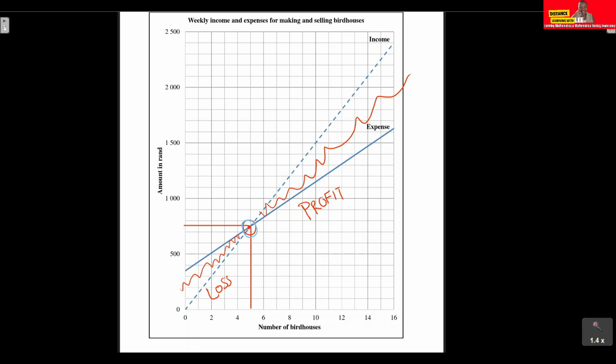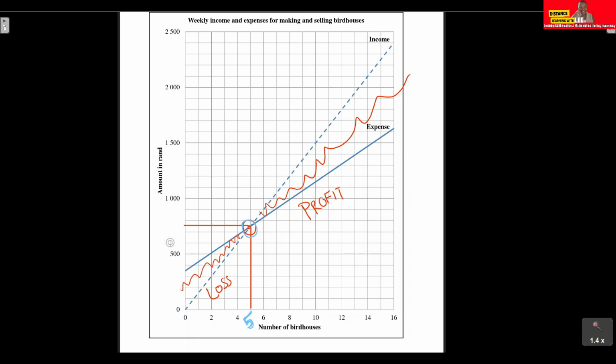At the break even point, we see that it occurs when Itumeleng has made 5 bird houses, and his expenses and income, remember that is the intersection, amount to, so now we need to see, it's 6, 7, 8, 9, 10.